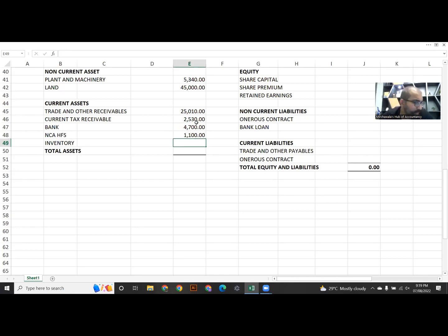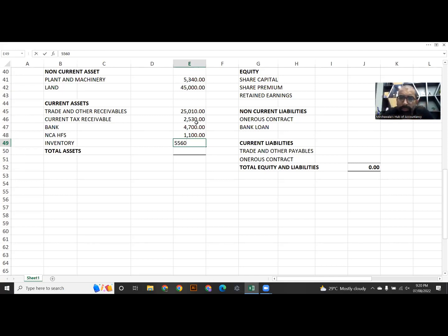Now the last thing is closing stock. The correct closing stock is 5560. Let me tell you one thing. Somebody ready-made typed this for me. Inventory should always come first in current assets, but somebody already typed this for me. So keep this in mind: when you go in the exam, write inventory on the top after current assets.